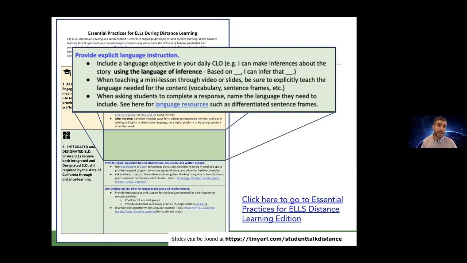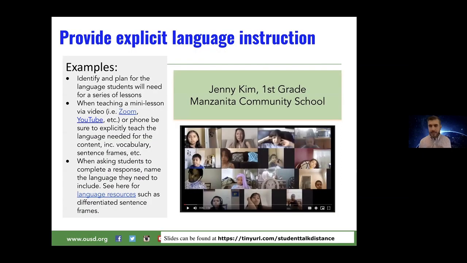That could be highlighting key vocabulary or providing sentence frames so that students who need them can use them to be able to exchange ideas. We linked in here some language resources that have things like differentiated sentence frames that can really help in this process. And in a moment, we're going to see some examples of what this looks like live and in action in our classrooms here in OUSD. So we're going to go to the next slide, please.